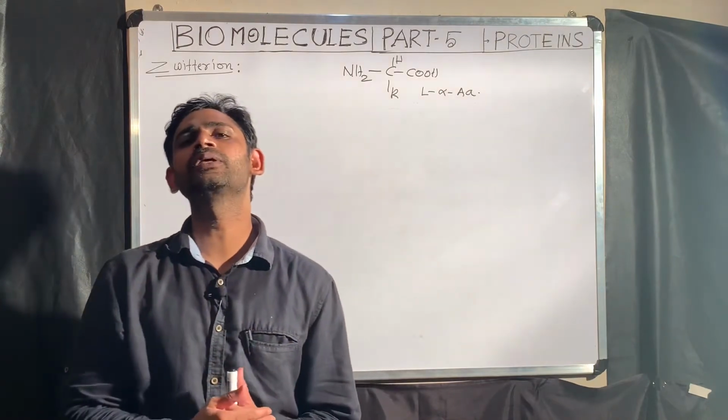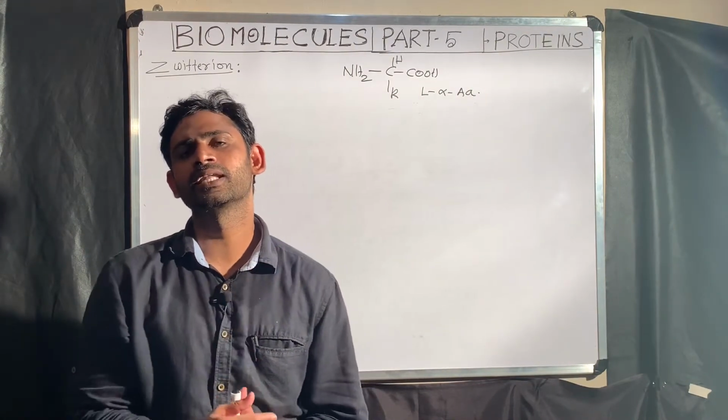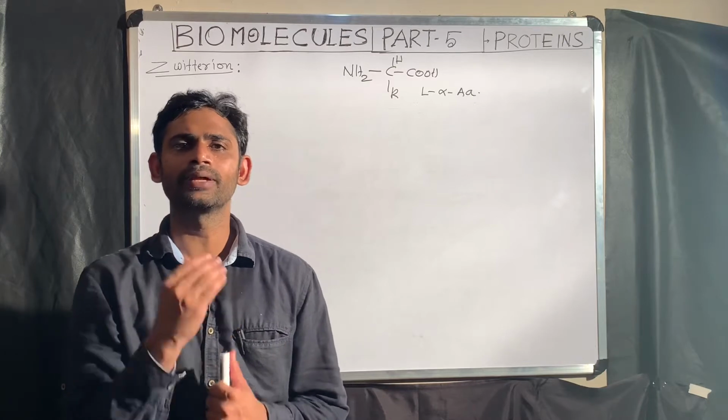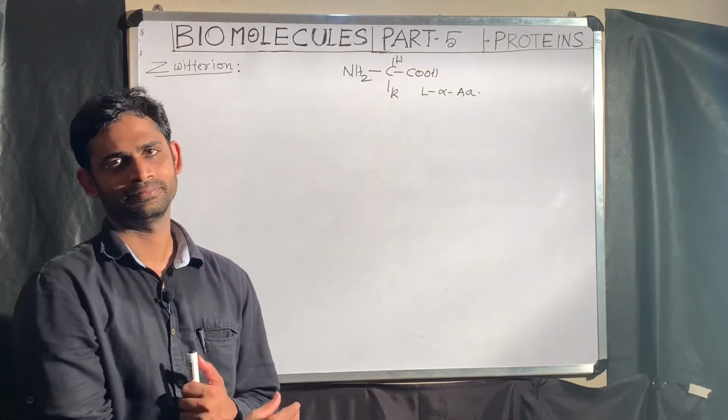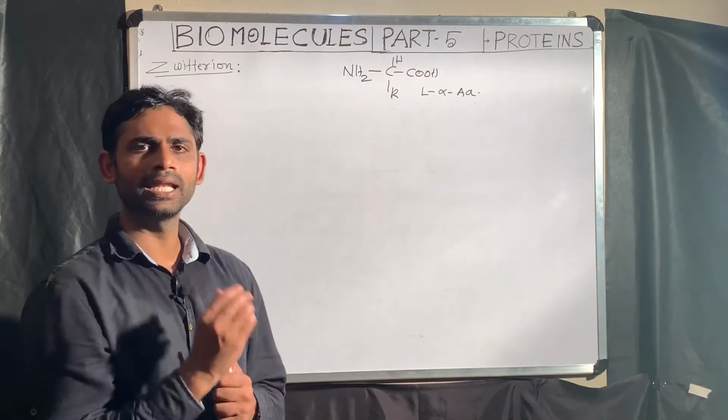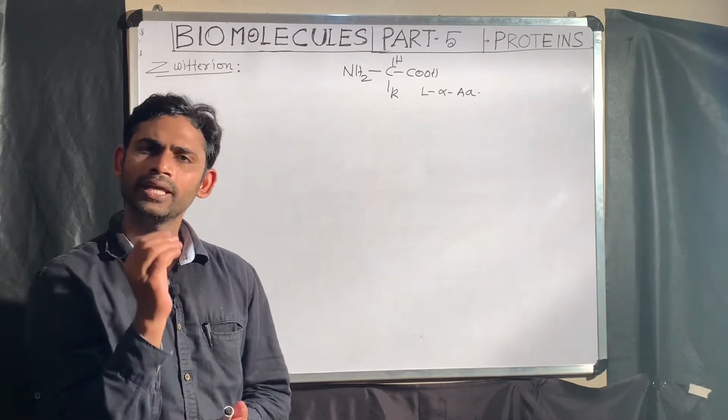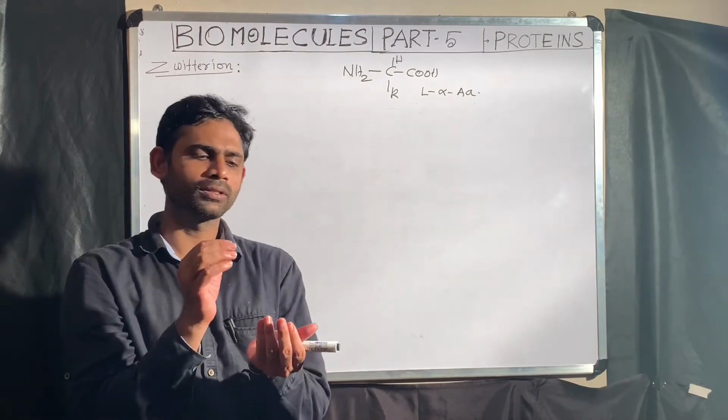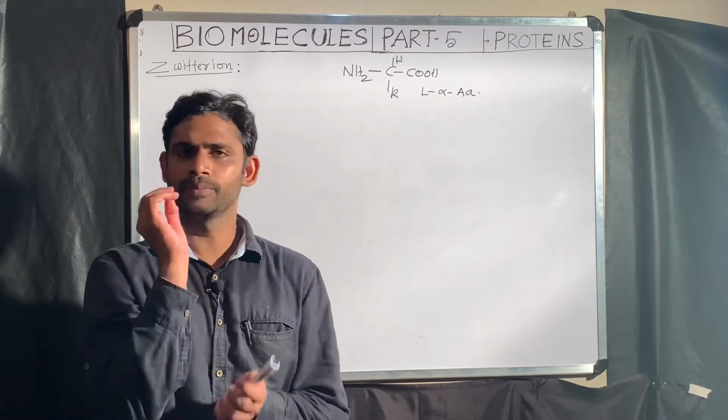As a result, what you need to understand? Within the cell, amino acids would like to exist as a charge. Okay, for example, the charge of an amino acid depends on the pH of the solvent. I will make you understand.